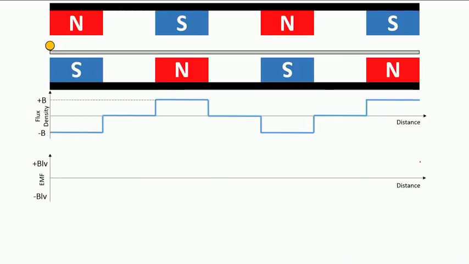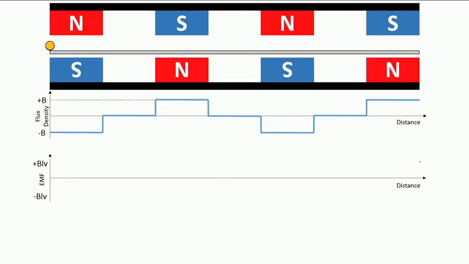Lines of force moving vertically up I am calling positive, indicated by plus B, and when the lines of force move down from north, in the upper, to south, in the below, I am calling it minus B. It is sketched against distance, and there is a single conductor which is stationary.